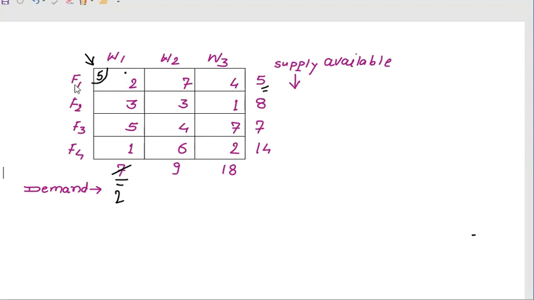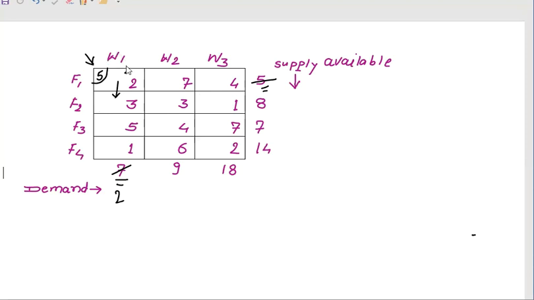Whatever quantity is available at this factory F1, we have transported it to the warehouse W1. So no supply left here. So when no supply left, we move to the down cell 2,1. So from this cell, we move to the down cell because no supply is available at F1.